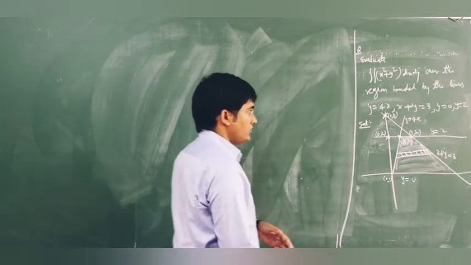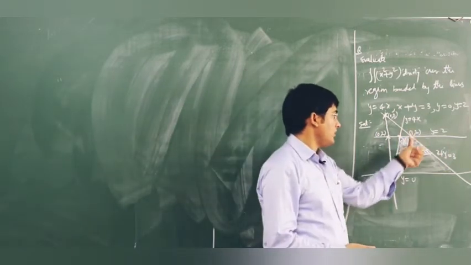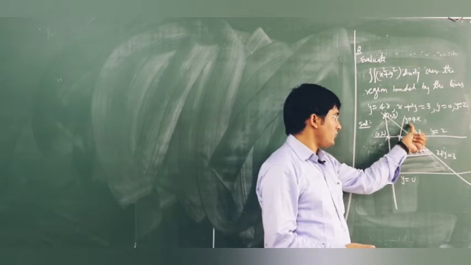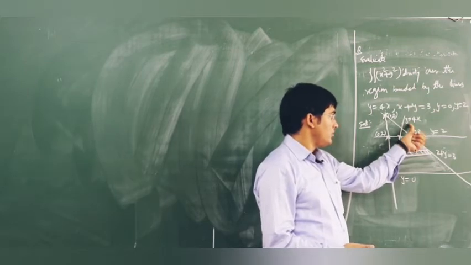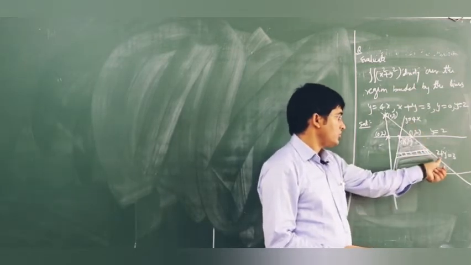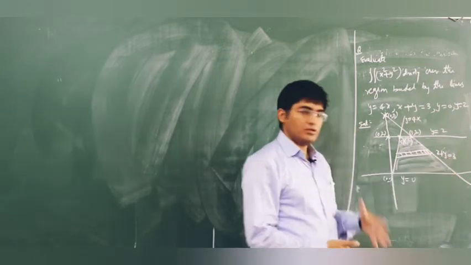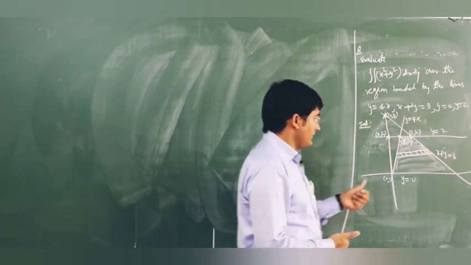So for that, let us draw a horizontal strip. So we have this horizontal strip. Now for this horizontal strip, our x will vary from y by 4 to 3 minus y. This will be the limit of x, and then your y will be from 0 to the highest point.